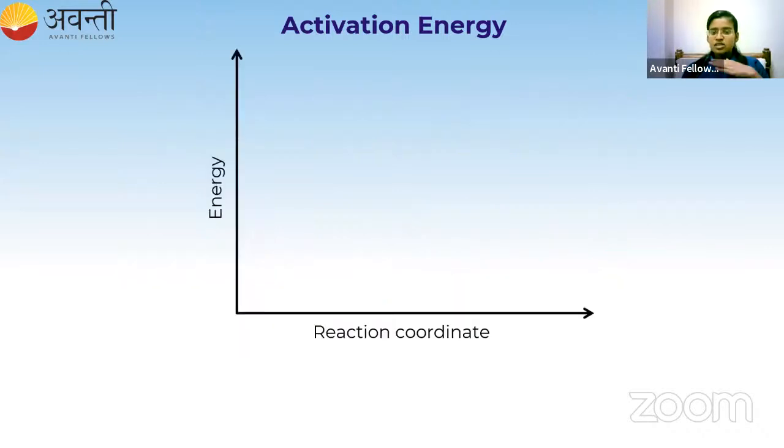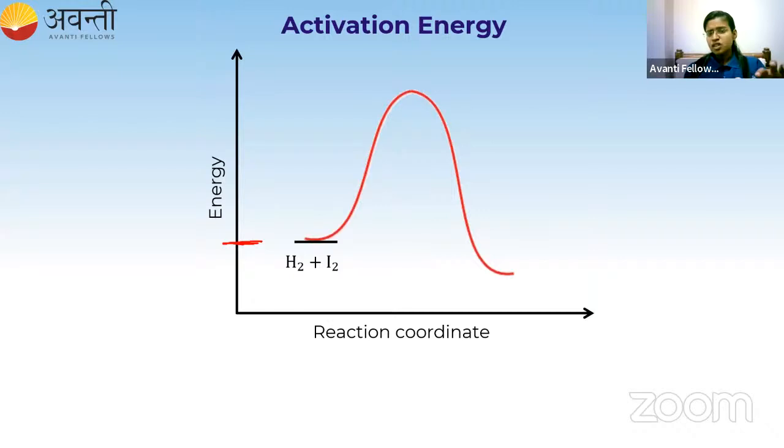So I have the reaction coordinate on the x-axis and energy on the y-axis. Initially, I have H2 and I2 as the reactants. So this is the energy of the reactant. After some time, those two molecules go higher in energy, and the energy of the activated complex will be very, very high, because it is unstable.